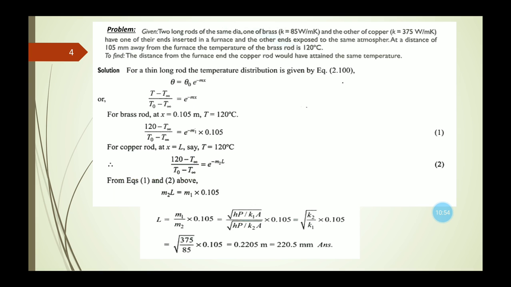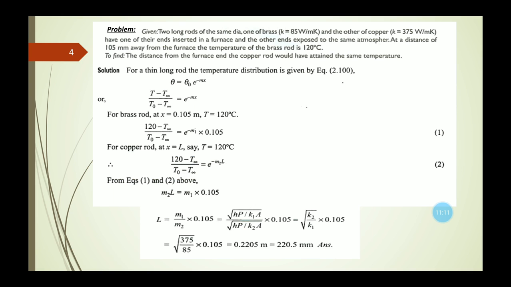Let us discuss the second numerical. So what is given here? Two long rods of the same diameter, one of brass and the other of copper. For these two rods, brass and copper, the thermal conductivities are given.